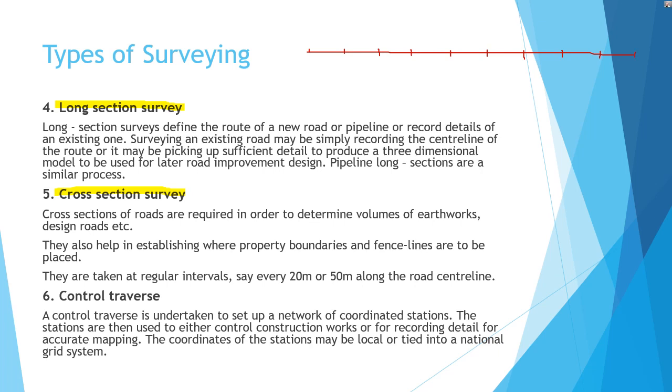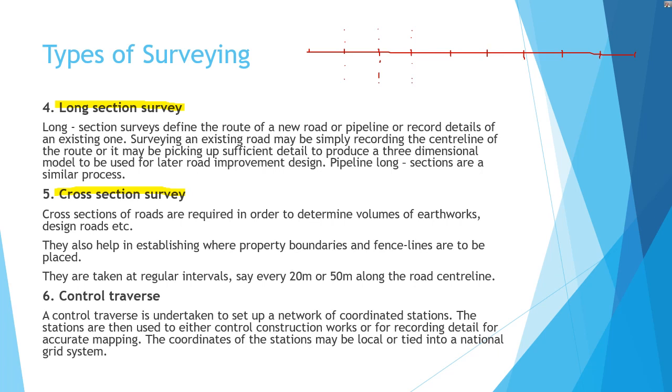For example, every 100 or every 50 meters, you determine the elevation, and then you know the high point and low point of the road over here. But we also need to know the elevation of points at each position here.